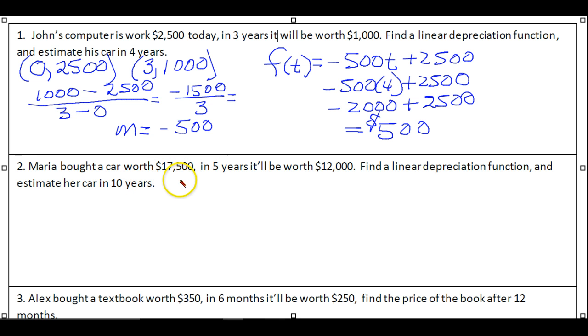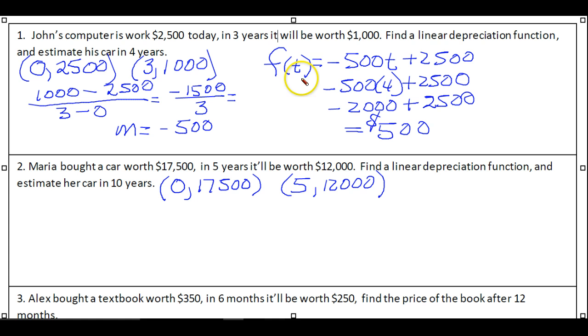So Maria bought the car for this. The first year, 0, and it was worth $17,500. In 5 years, again, 5 is the x, it's going to be worth $12,000.